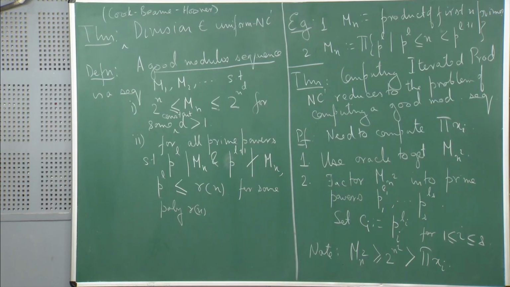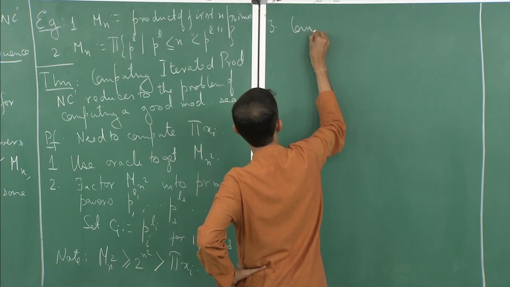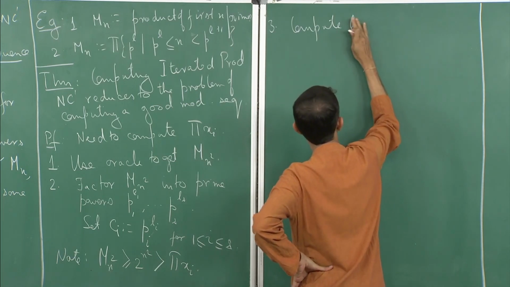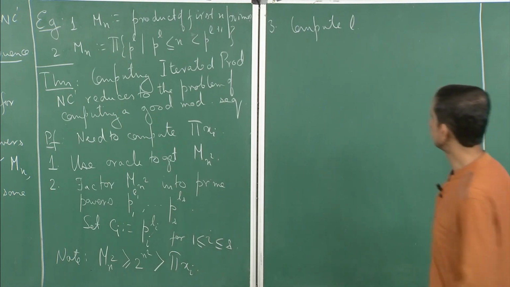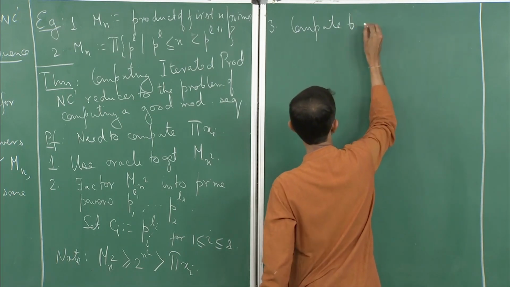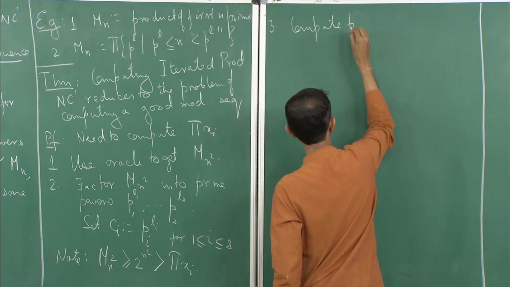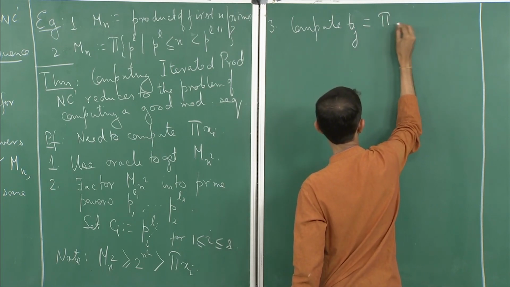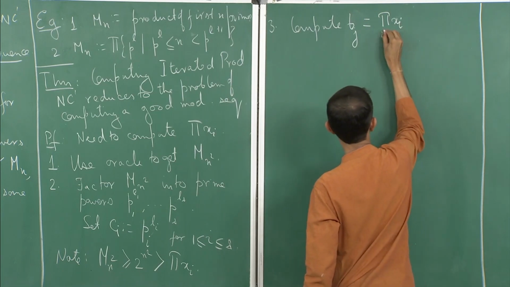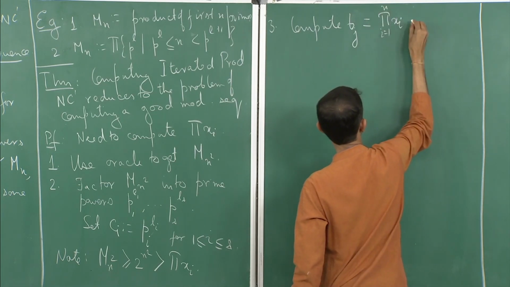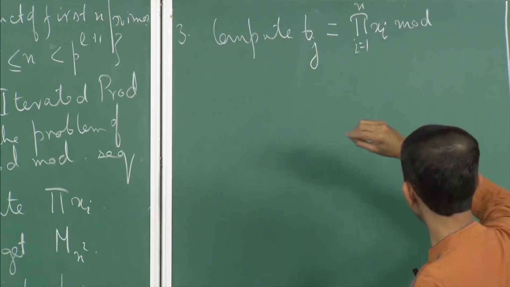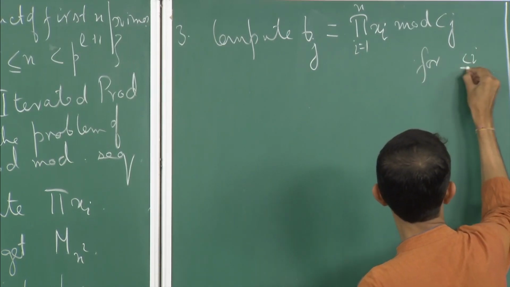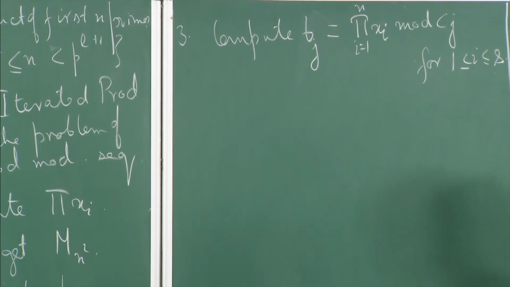Now, what we will do is compute, let us call it Bj, which is equal to the product of xi, i going from 1 up to n, modulo Cj, once again for j between 1 and s.